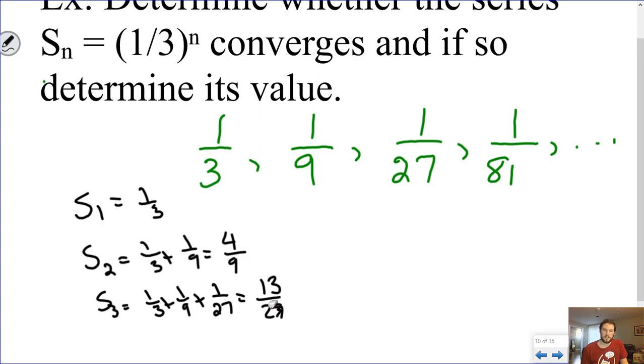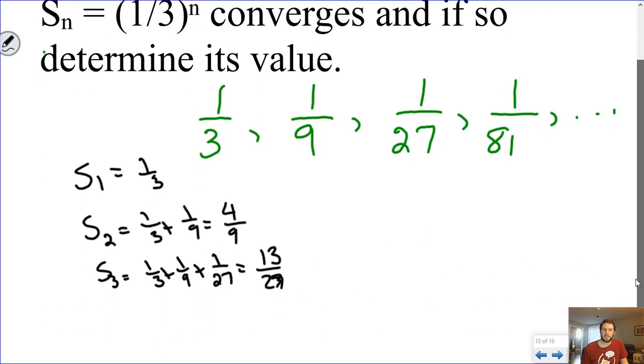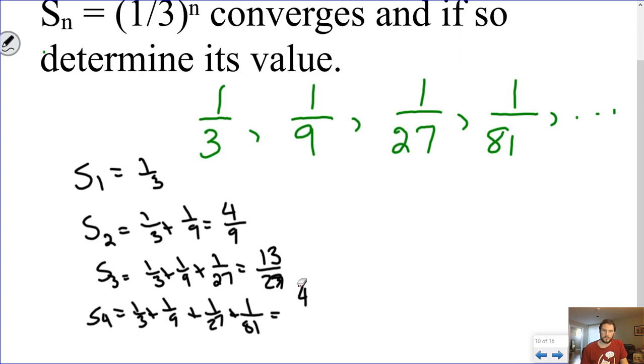So that should be a 7, sorry. And my sum of the first four terms is equal to 1/3 plus 1/9 plus 1/27 plus 1/81, which is 40/81. And again, what we see here is that there looks to be a pattern.